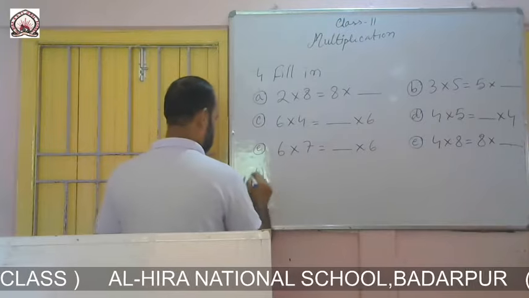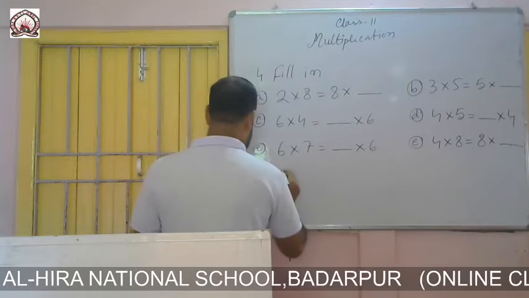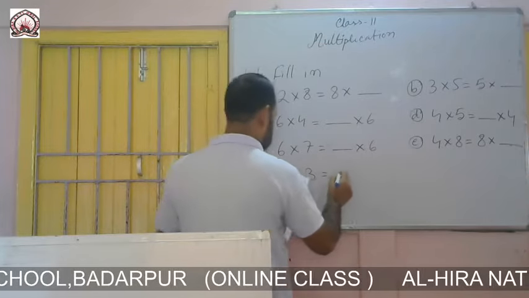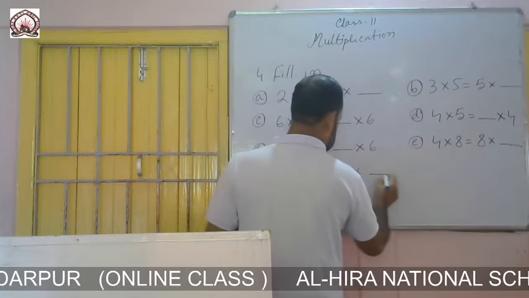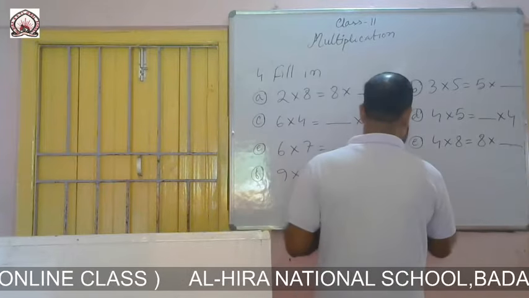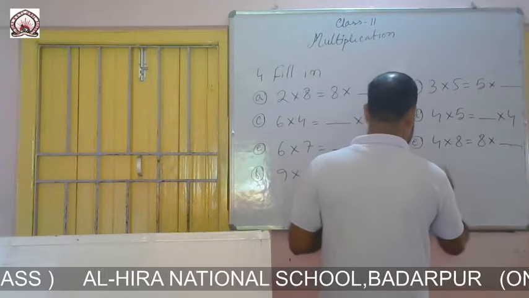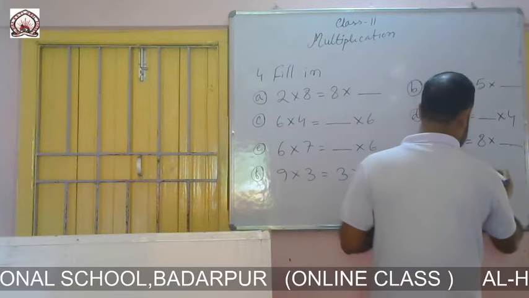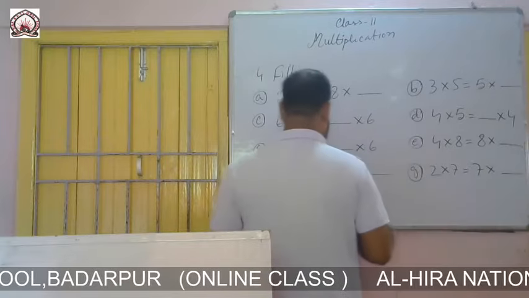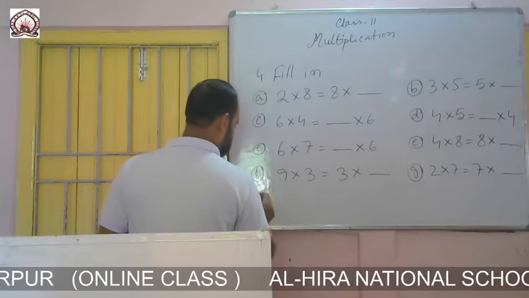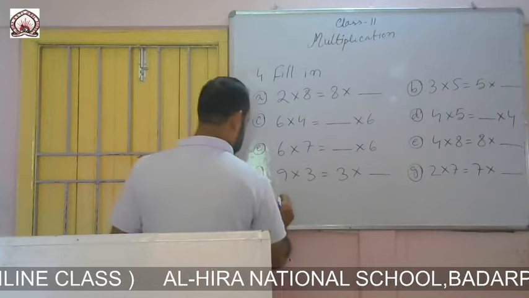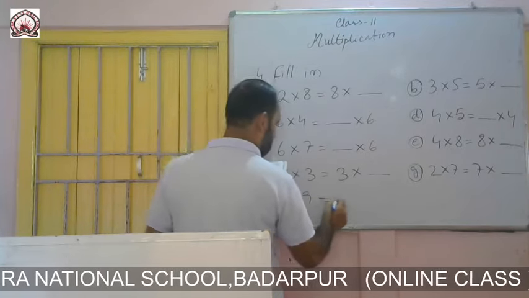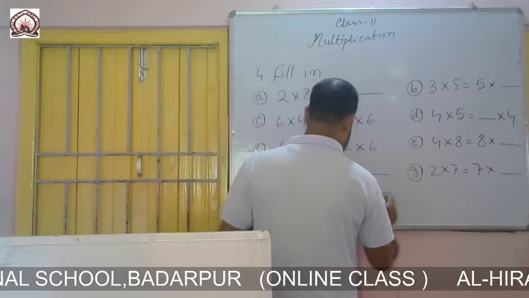G: 9 into 3 equal to 3 into dash. H: 2 into 7 equal to 7 into dash. Next, I: 5 into 9 equal to dash into 5.